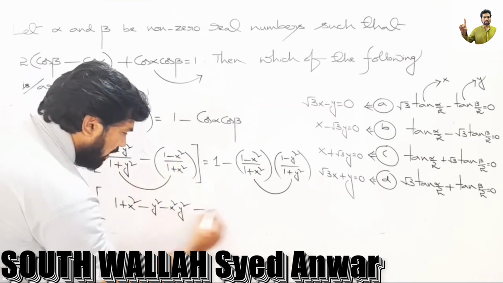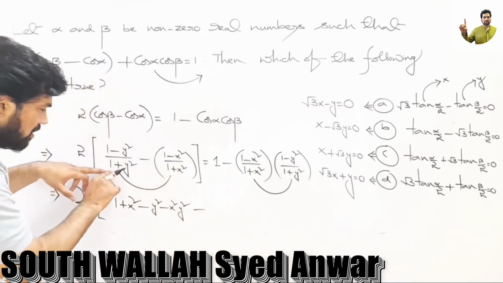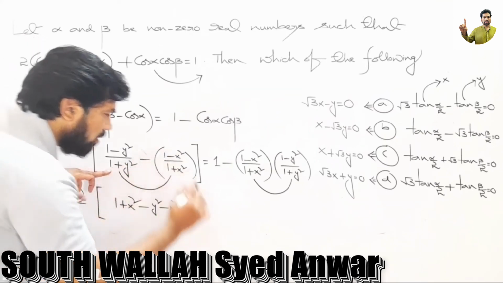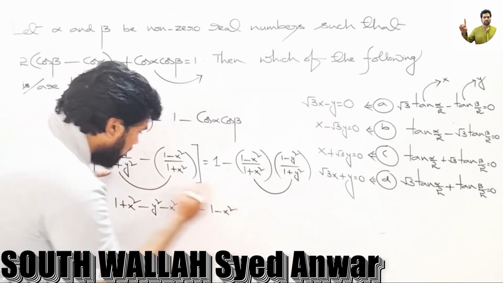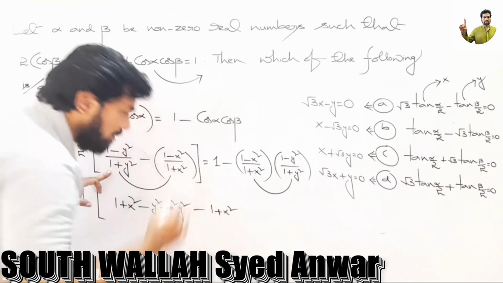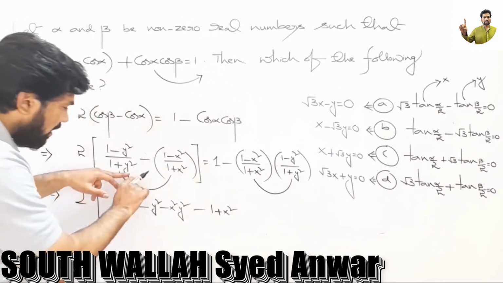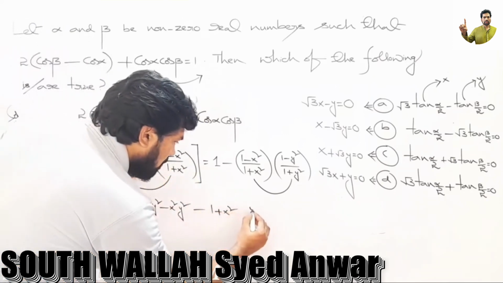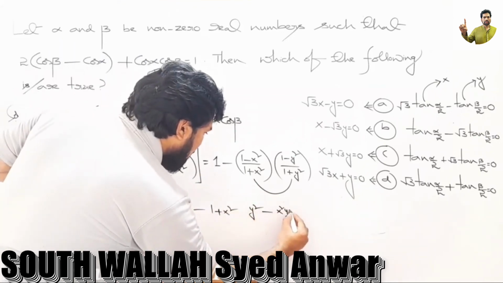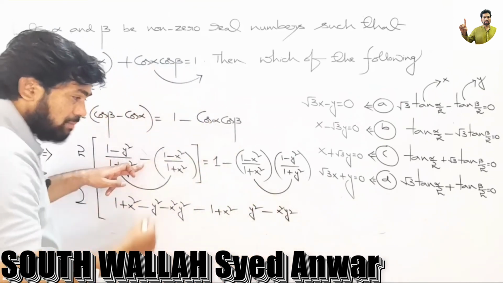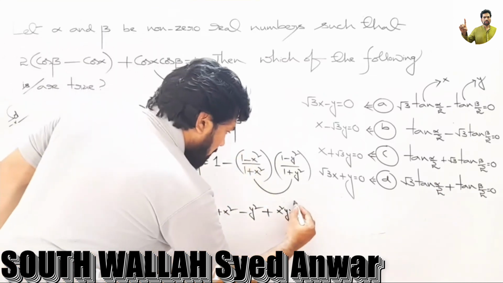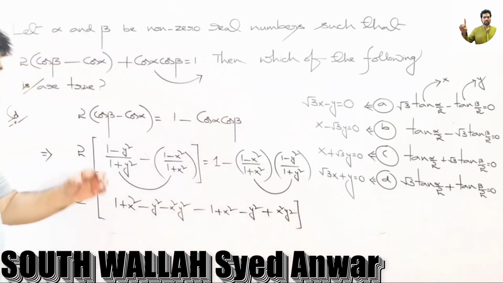Next we have minus sign here. Next we have to multiply these 2 terms. First multiply with 1: 1 minus x square. We have minus sign here. Multiply with minus 1, it becomes plus x square. Next multiply with y square: y square minus x square y square. But we have minus sign, so multiply with minus: minus y square plus x square y square. So left side part has been completed successfully.